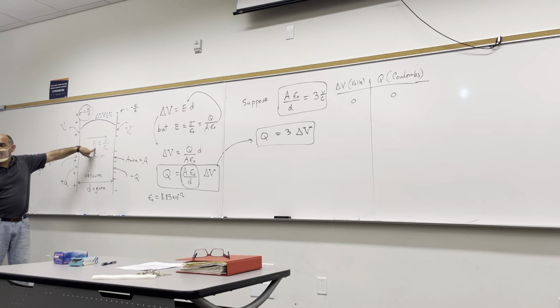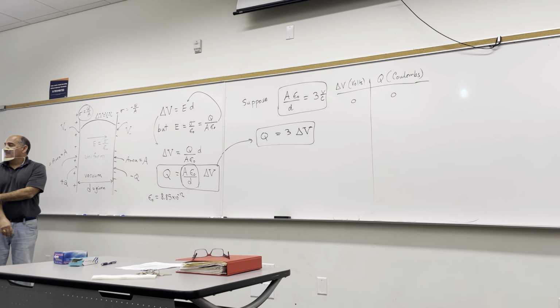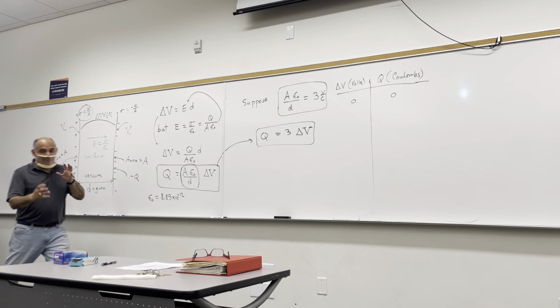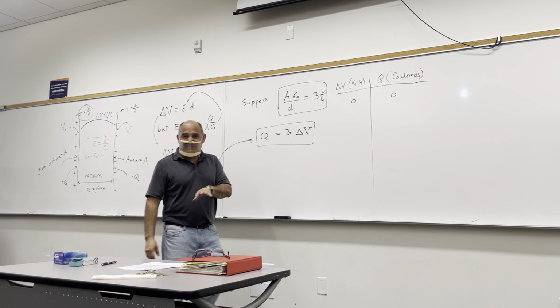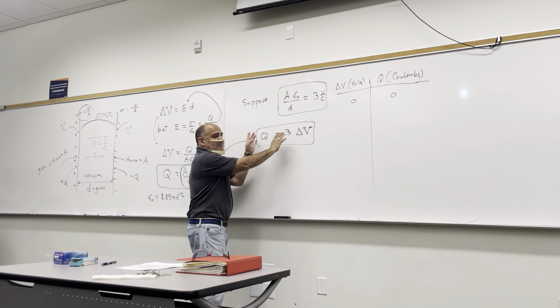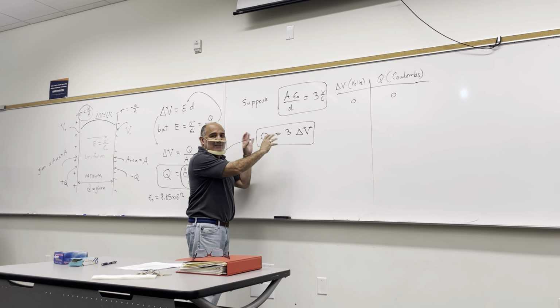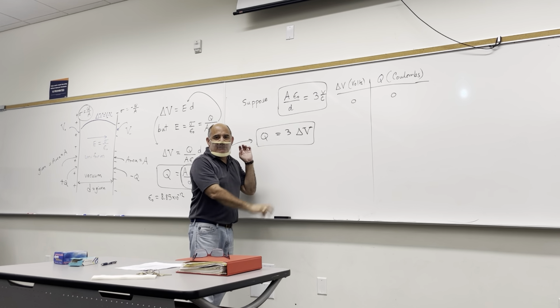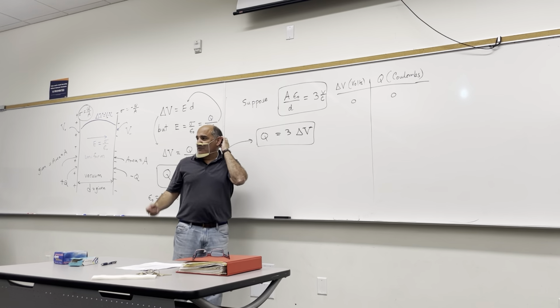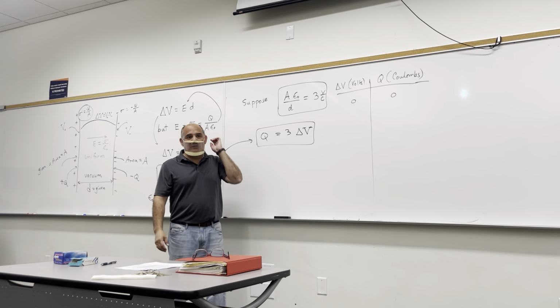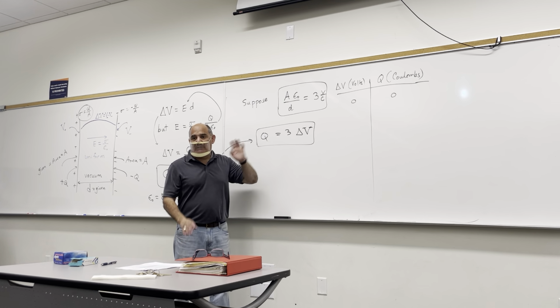Also zero. There's physics in here. Let's not lose the physics because of this simple equation. I just asked you if the potential difference is 0, what's the charge? And you probably did 0 times 3 is 0.